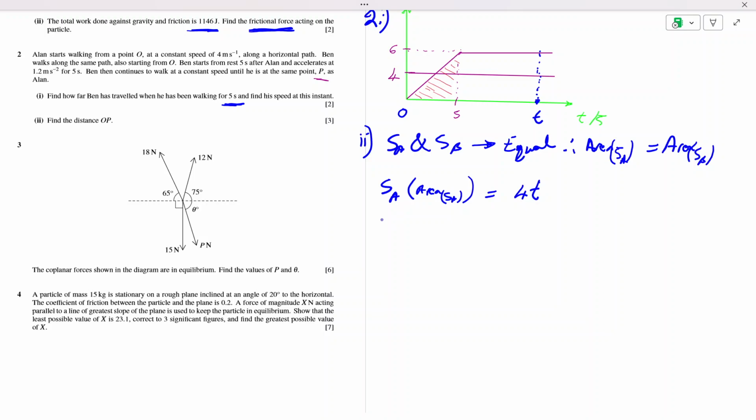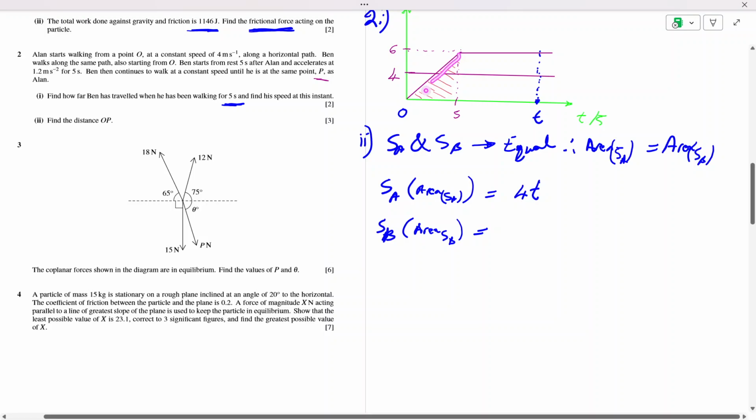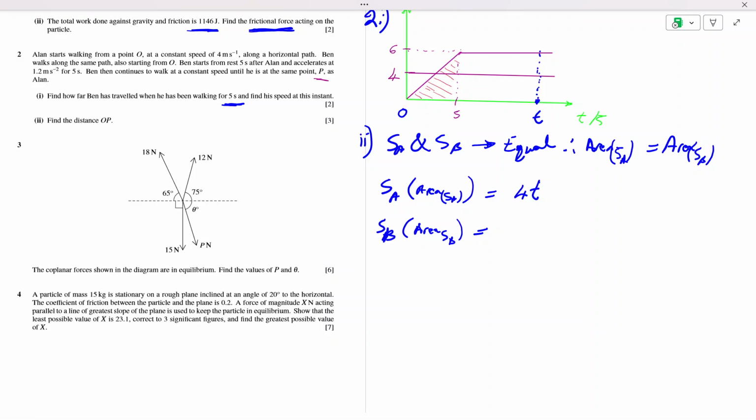And then same thing for SB, the distance traveled by Ben. I'm going to use the area as well. SB is going to be equal to the area of a trapezium, right? Look at it, because it's going to take this shape for Ben.